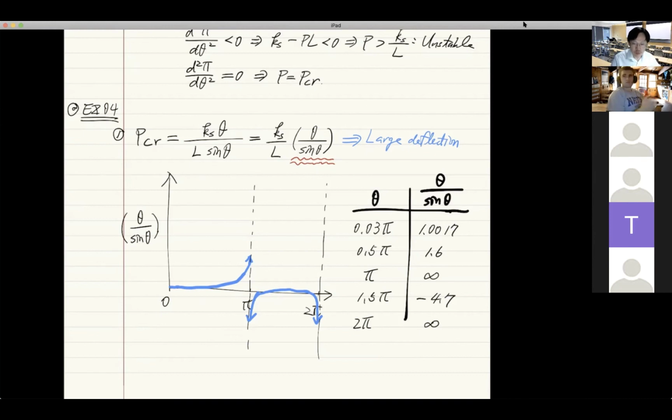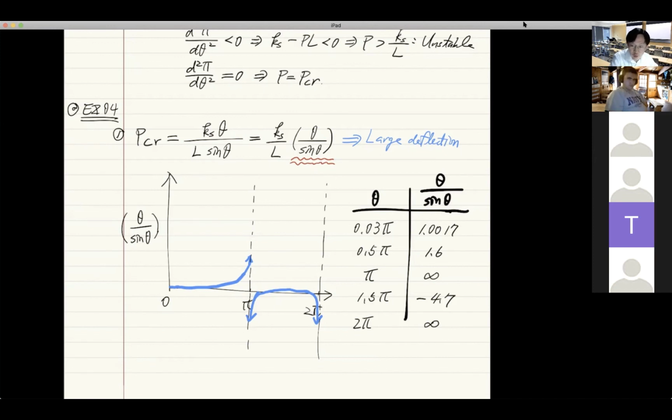Okay, so this example shows you the difference between large deflection and small deflection. And I did not tell you what is the range when we can start using the small deflection assumption. That's because it really depends on how tolerable your problem is with this ratio, theta over sine theta.